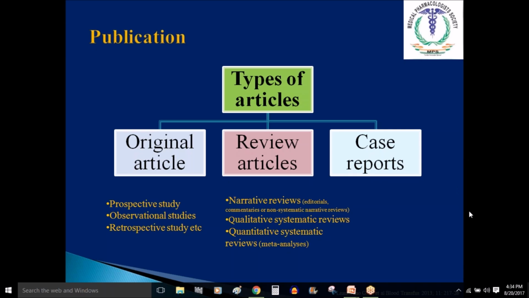Whereas in review articles, one can write narrative reviews, which consist of editorials, commentaries on some paper which has been published, or non-systematic narrative reviews. The second type of review article could be qualitative review, which is called qualitative systematic review. And the last one is quantitative review, which we usually call the meta-analysis. So meta-analysis is a quantitative, systematic review. And finally, we also can publish case reports. So any article that we write falls under one of these categories.